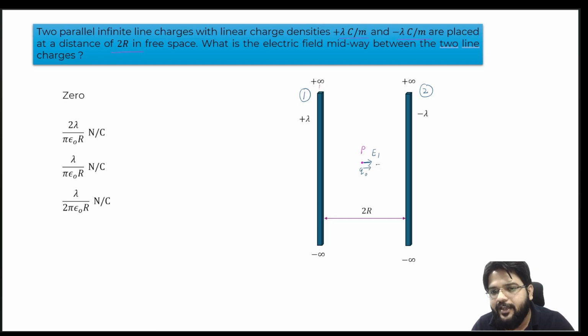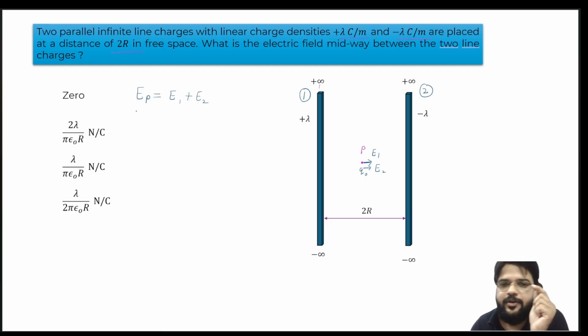So E1 and E2 are both in the same direction. The net electric field is toward the right, and E1 and E2 are adding here. So the net electric field at point P is E1 plus E2.